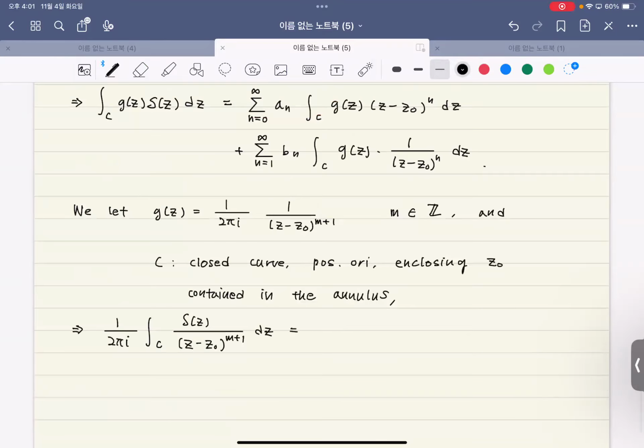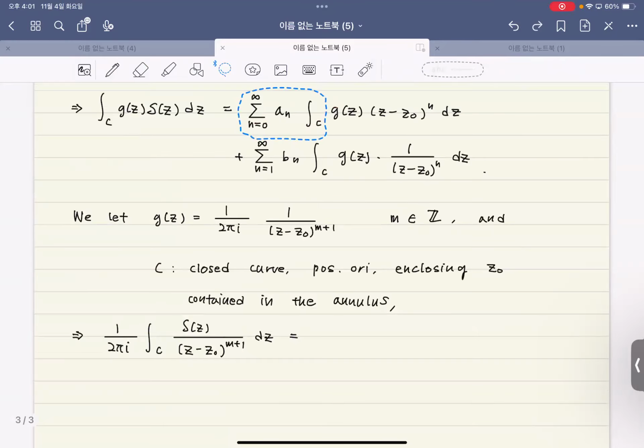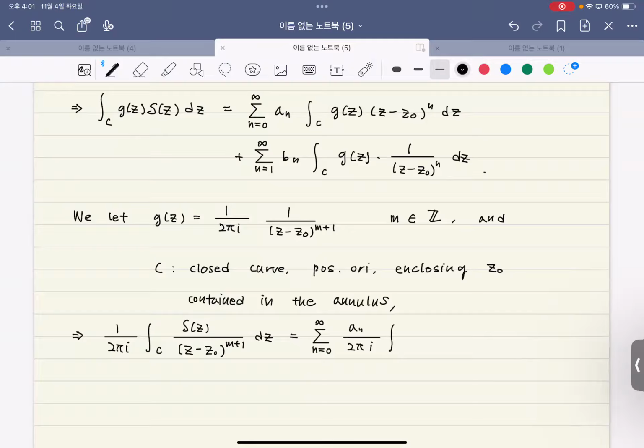is, this integral just carries over. Oh, sorry. I must have 2 pi i over here.